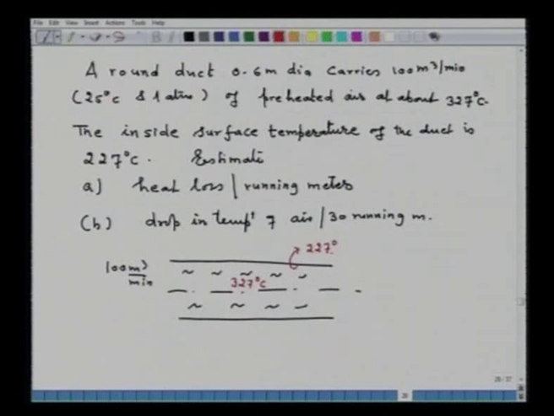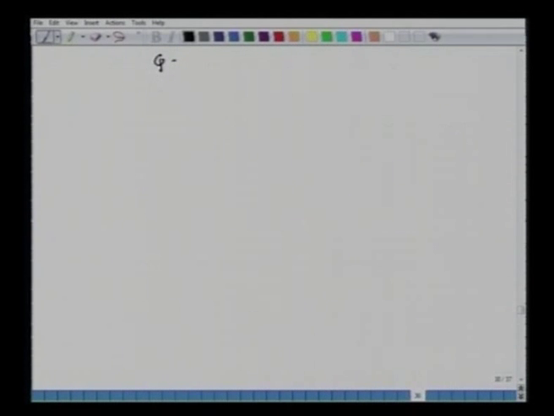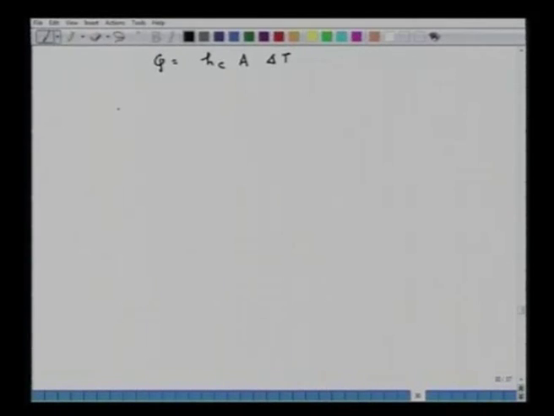Now, immediately it is a question of heat transfer by forced convection. So, we know that the heat transfer Q is equal to Hc A into delta T, where Hc is the heat transfer coefficient. The value of heat transfer coefficient can be determined. Just now I have illustrated the correlation, Nu = 0.023 (dG/mu) raised to the power 0.8 (Cp mu/K) raised to the power 0.4.